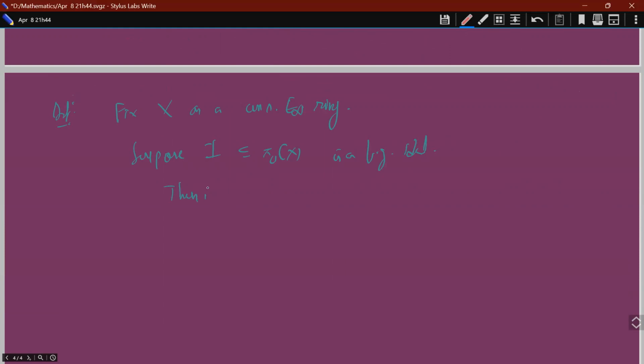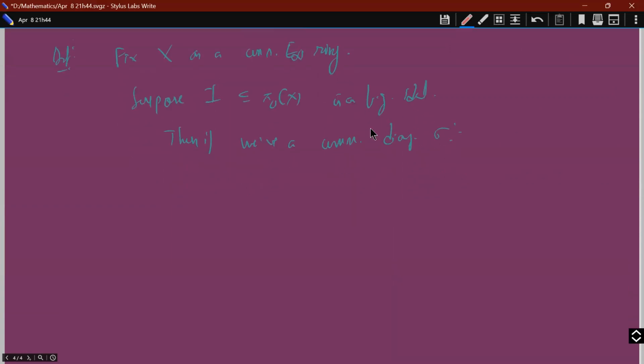And then suppose we have a commutative diagram that looks like this. We'll call this F. I'm not defining it.